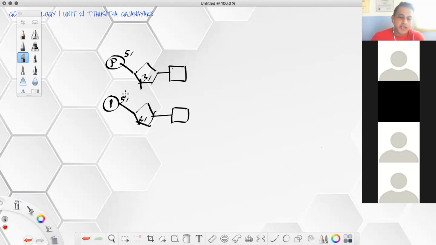So it creates a bond between this carbon and phosphate group like this. So now all the nucleotides can line up this way to make a long chain.